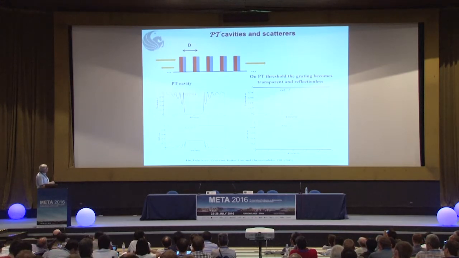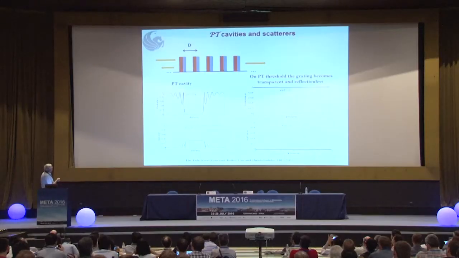And then there is going to be a magic contrast at the exceptional point where the entire transmission becomes 1 and the reflection goes to 0. Not only is the transmission in this case unity and the reflection 0, but also the phase imparted to the wave happens to be 0. In other words, from this side, the grating is totally invisible to radiation. In other words, the presence of the grating has been totally erased for that matter.